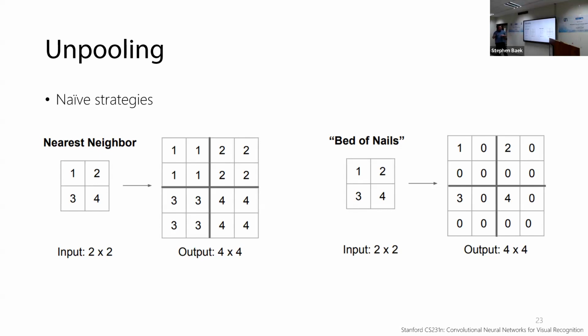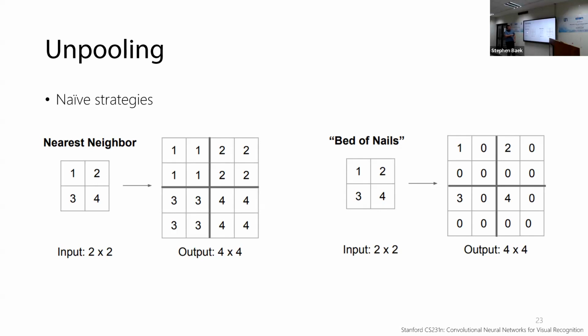So there are a couple of different strategies. One is the nearest neighbor strategy. Although I call it a naive strategy, this is a very popular strategy. With the nearest neighbor strategy, you simply double the size of the original input, and then just repeat the same value to fill out that 2x2 area.